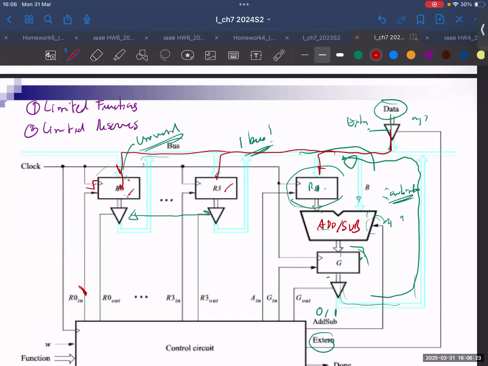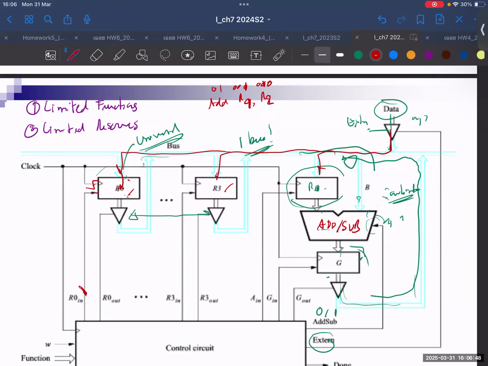Let's say add R0, R1. This command is very easy, right? Once you see 0, 1, it's add. Then you look at the next 3 bits and you see 0, 0, 0 here. 0, 0, 1 and 0, 0, whatever. This must be 1 and 2, right? So okay, R1 to R2.